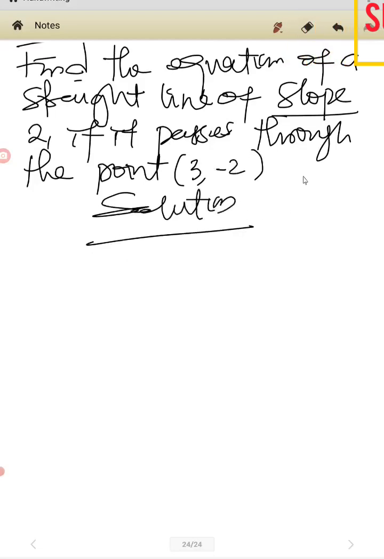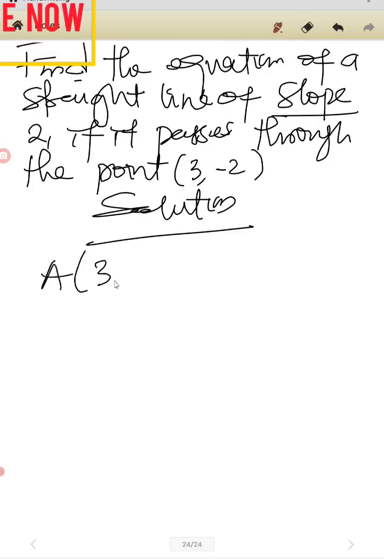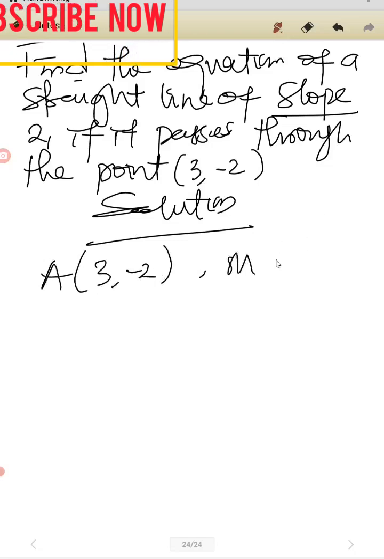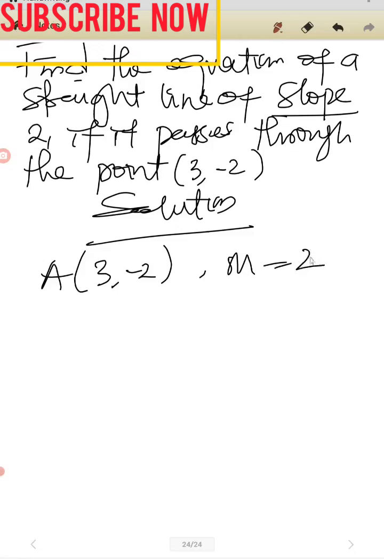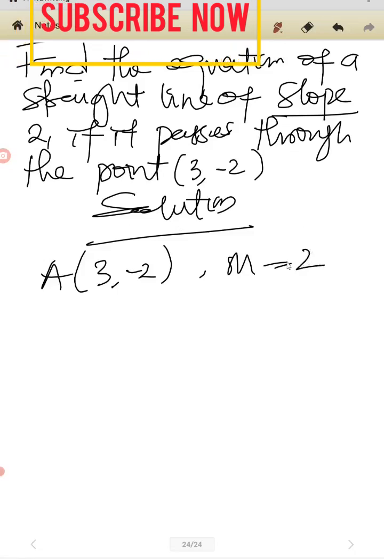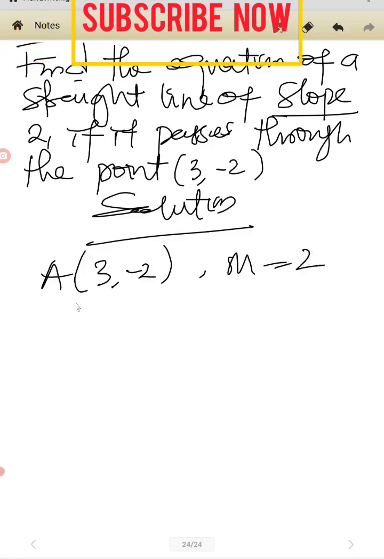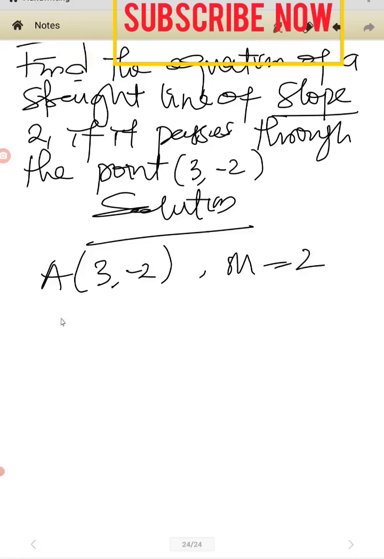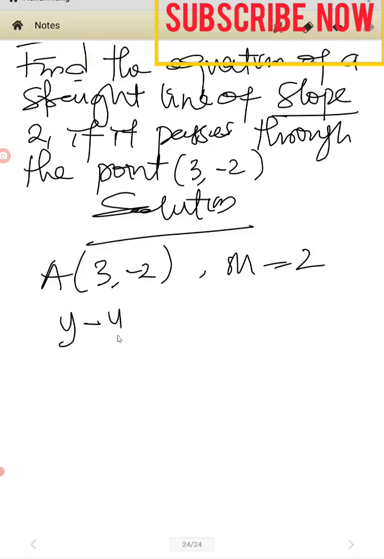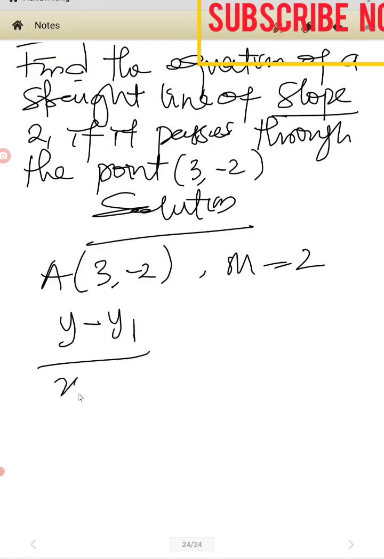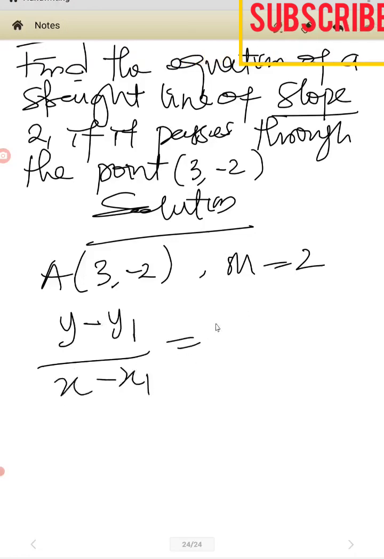They are telling us that we have a point, let's say point A, which is (3, minus 2), and we have a slope, which is what we call gradient. How do we find the equation for this? For a point and a gradient, we all know the formula is (y minus y1) over (x minus x1) is equal to the gradient.